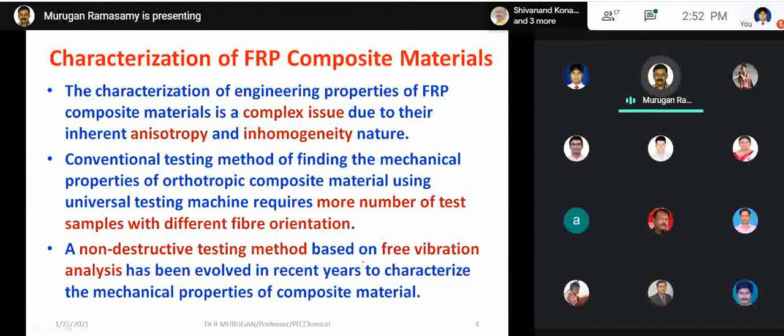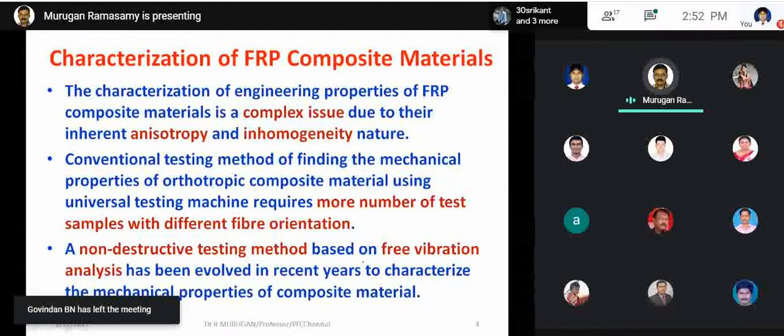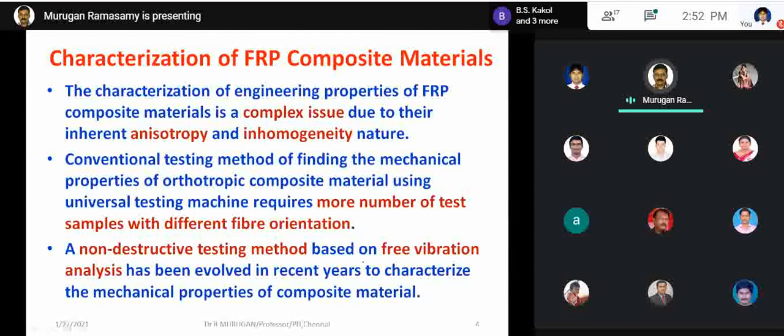So what does anisotropic mean? If you consider the three coordinate axes x, y, z, in case of isotropic material, we assume that the material behavior is constant or uniform throughout these three directions, x, y, z. But in case of anisotropic, it is not like that.